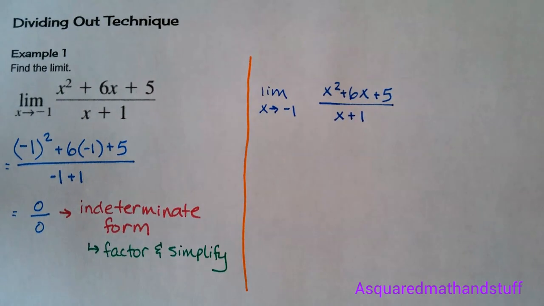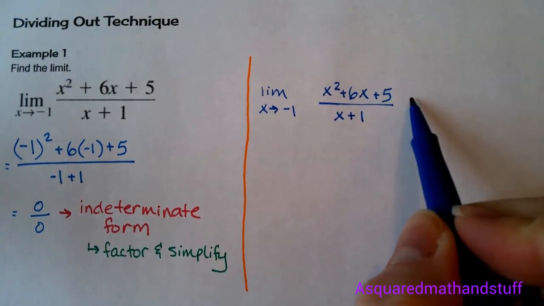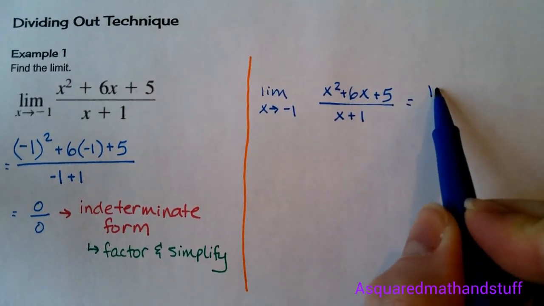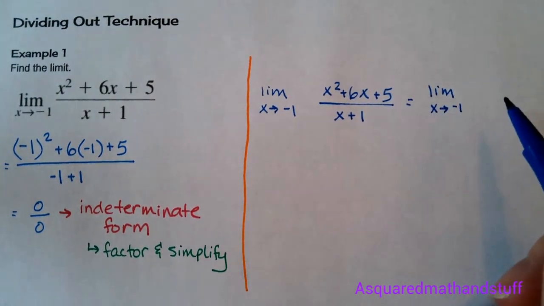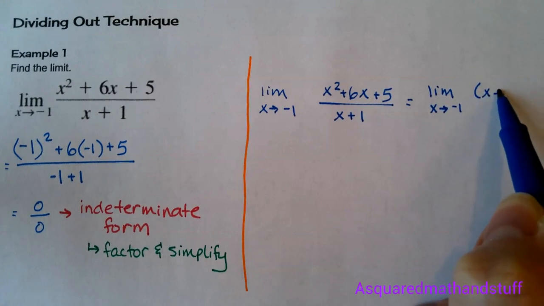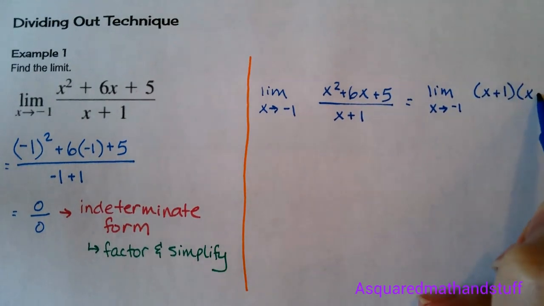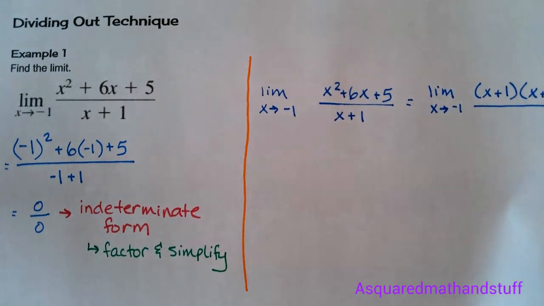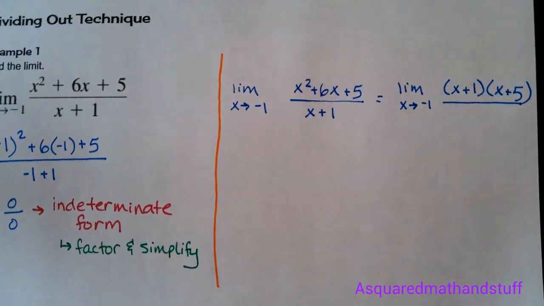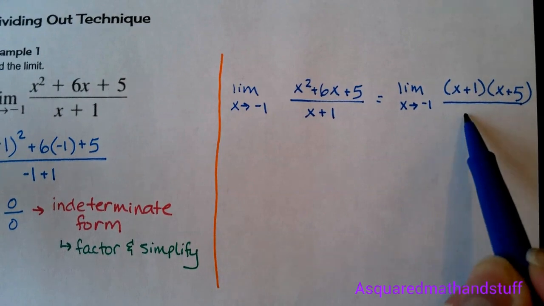And we want to factor the numerator. When we factor the numerator, we have the limit as x approaches -1 of x plus 1 times x plus 5, all divided by the x plus 1.